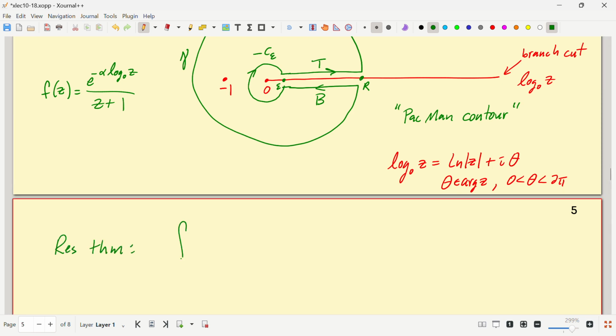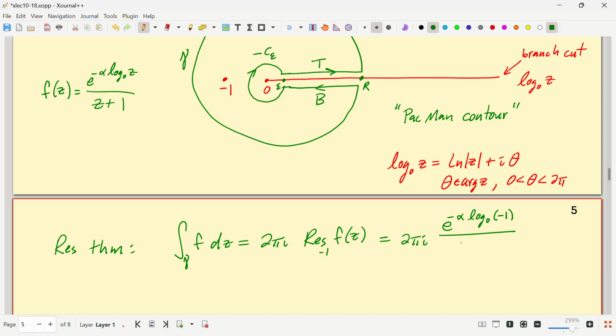gives me that the integral around gamma of f dz equals 2 pi i times the residue at -1 of f of z. That's an easy thing to calculate because it's a quotient of two analytic things, and the one at the bottom has a simple 0. So it's 2 pi i times e to the minus alpha log 0 of -1, over the derivative, which is 1.